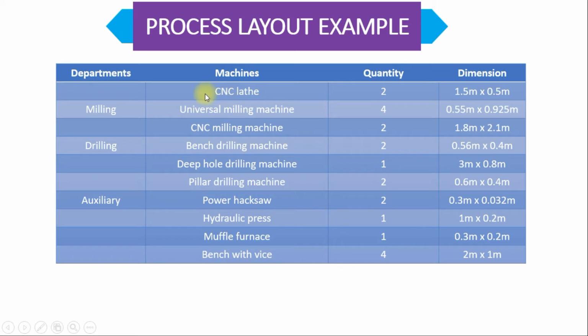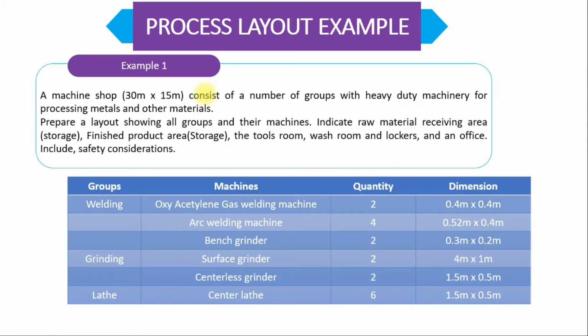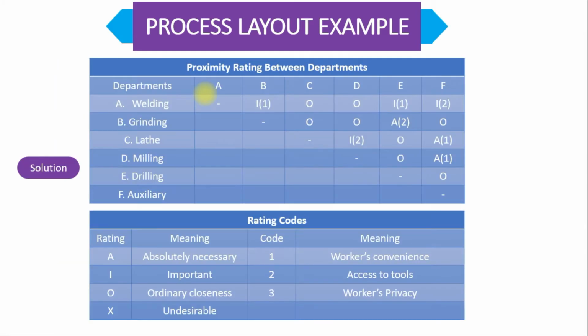All right, so let's begin. How do we solve this problem? The first thing we need to do is come up with our proximity table, or the closeness rating table. Which group is supposed to be close to which group, which department in this case is called groups? We need to come up with a rating for that.